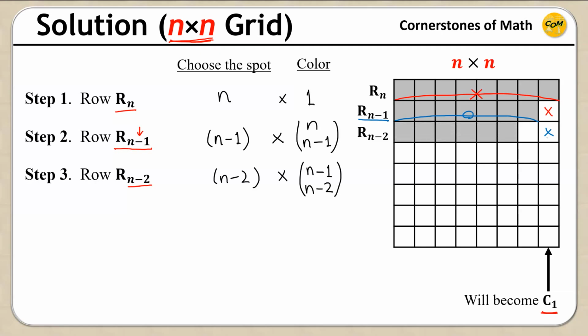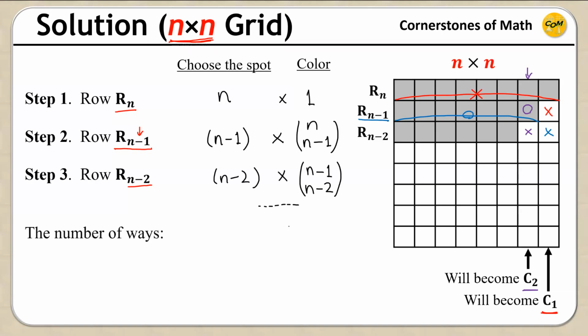If we choose and color the columns in this way, there will exist a column where row Rn-1 is colored, but row Rn-2 is not. This column will automatically become C2 in the end. And now you have perhaps realized the pattern.